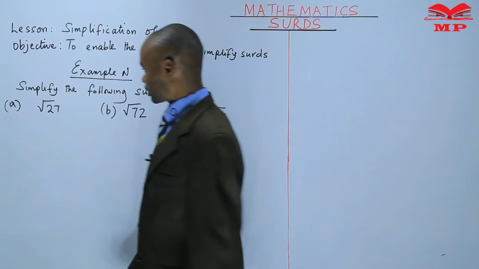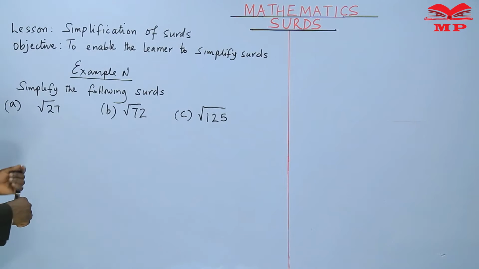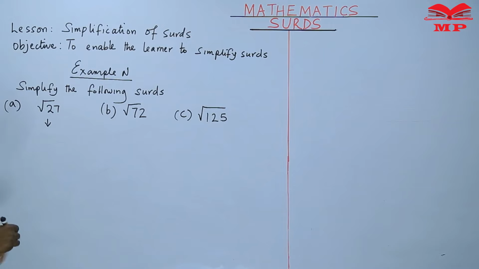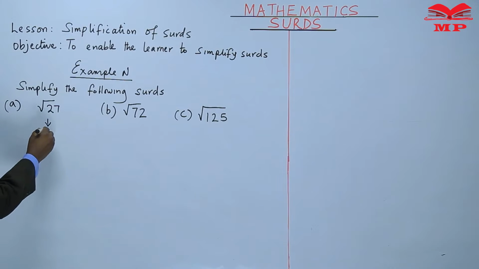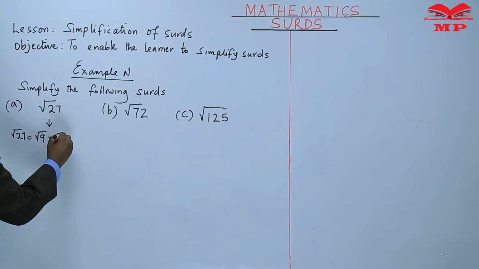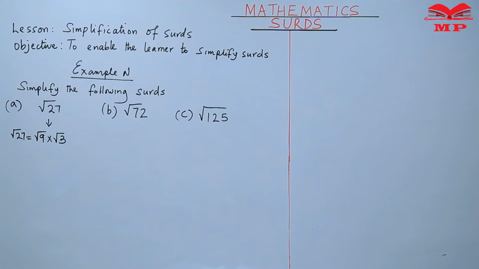So when you have these, you look for multiples of 27. For 27, we have 9 and 3. So you'll say square root of 27 is equal to square root of 9 times square root of 3.